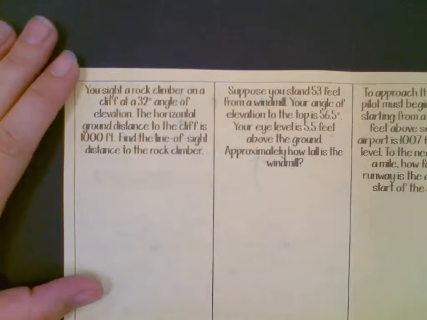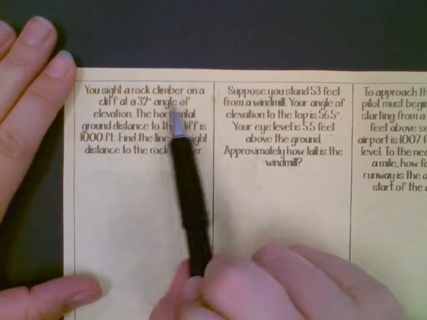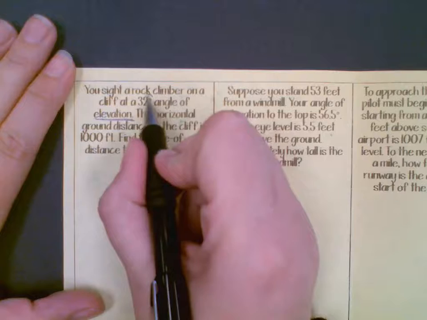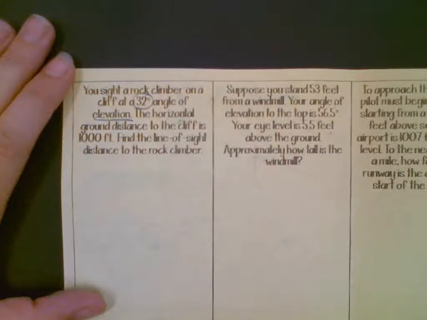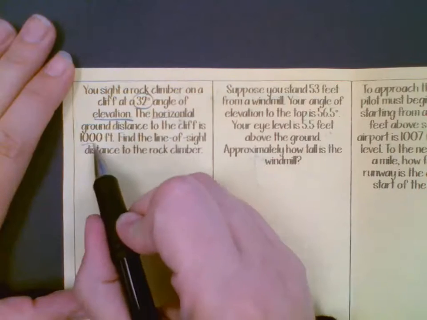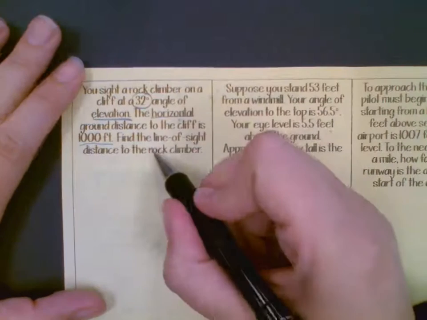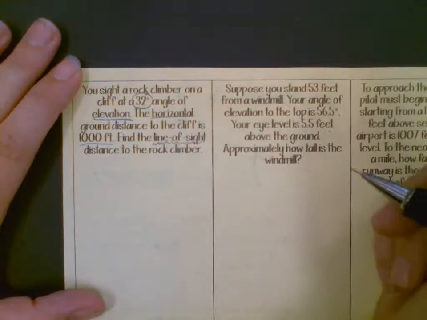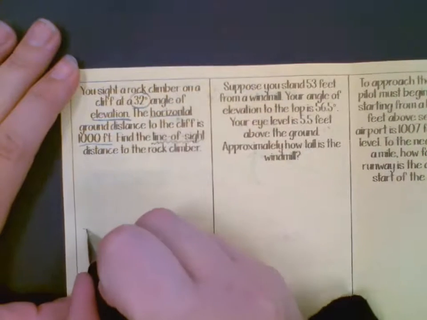Yay for word problems. Our first one says that we sight a rock climber on a cliff at a 32-degree angle of elevation. The horizontal ground distance is 1,000 feet, and we want to find the line of sight distance to the rock climber. So here's our ground.